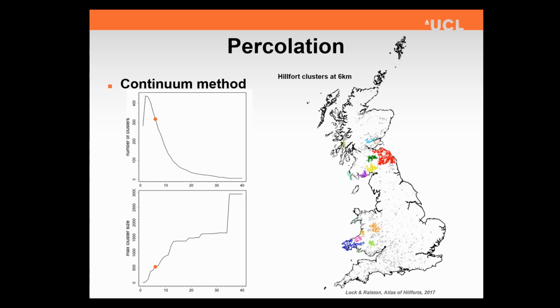Stepping through 6 kilometers, we're getting interesting things happening here down in Wales. And walking on through, by the time we're getting to 9 kilometers, some of these clusters are getting quite substantial. And we can carry on through at these various different transition points. And at 34 kilometers, we've got virtually the whole of Britain in 2 clusters. And the next step pretty much embraces everything apart from a few islands.